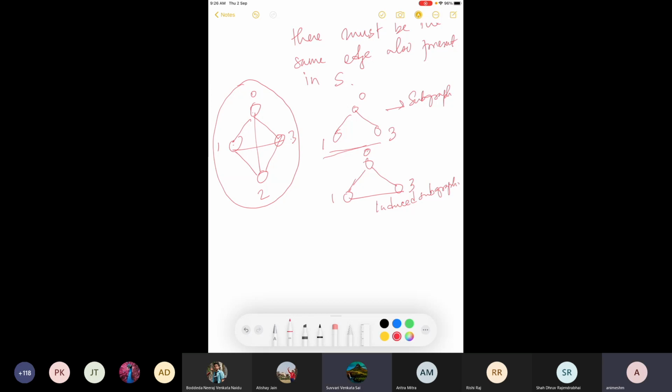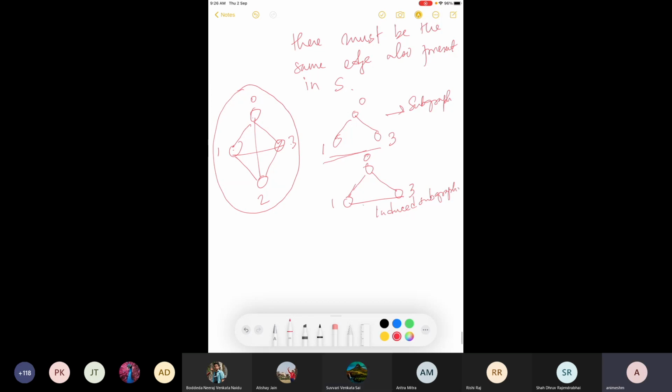Now what is the difference? As many edges as there are among the three vertices in the original graph, those many edges should be retained here also. That is the additional constraint. Got it? Everyone got it?